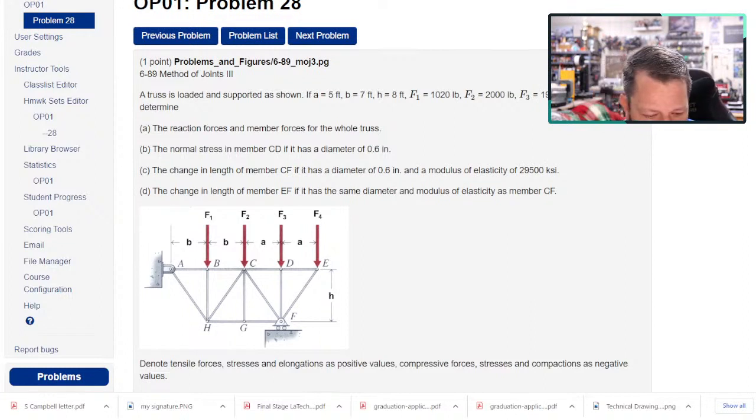All right. Let's draw the free body diagram version of this. It looks like for me, B is 7 feet and A is 5 feet. I won't draw it so that each box is a foot because that would make it too big. But A is the smaller one, so let's do something like this.